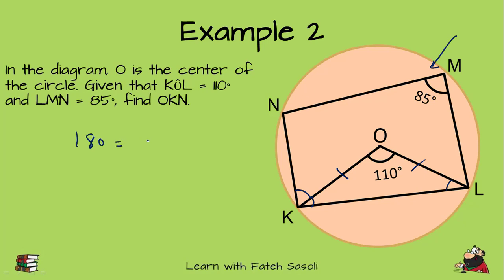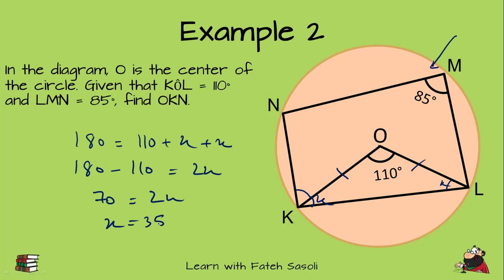So 180 is equal to 110 plus, let's name this as X, and this too is X because they're equal, plus X. 180 subtract 110 is equal to 2X, which would mean 70 is equal to 2X, or X is equal to 35. This angle here came up to 35. It's all very simple now.